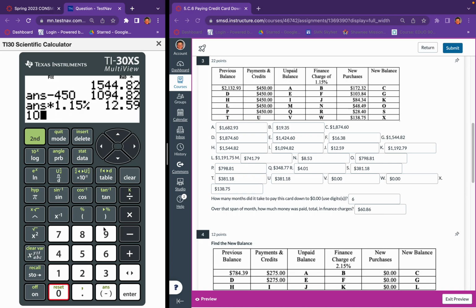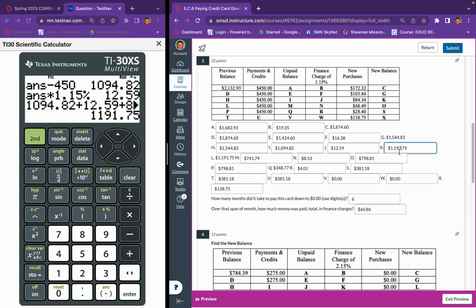So $1094.82 and $12.59, and $12.59 was J, and 84.34. $1191.75.